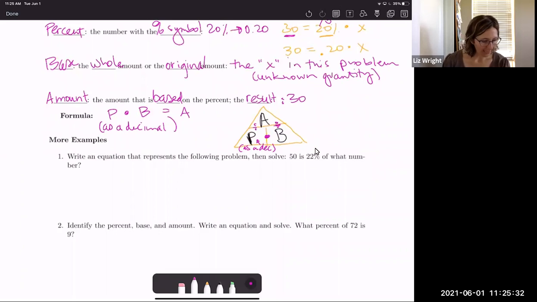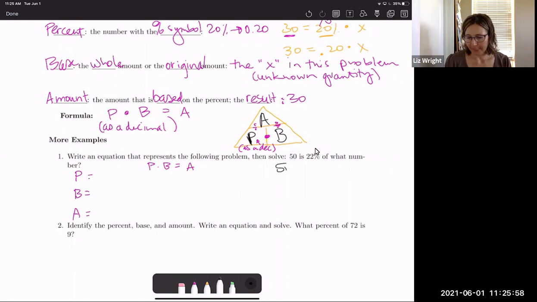So number 1, it says write an equation that represents the following problem, then solve. 50 is 22% of what number? We're going to do a few things. We're going to identify what our percent, base, and amount are, because again, our formula is P times B equals A. We can do the exact same thing that we did up above.